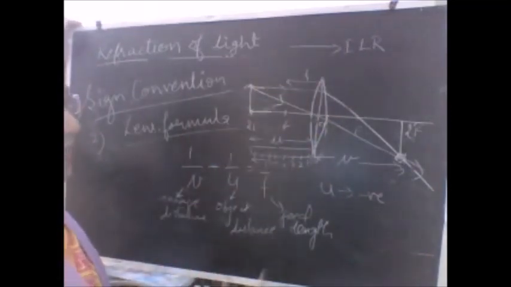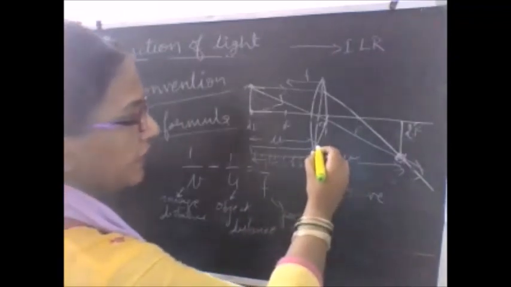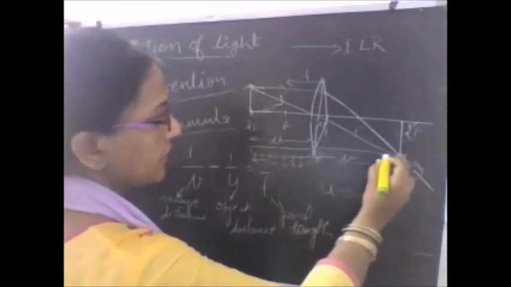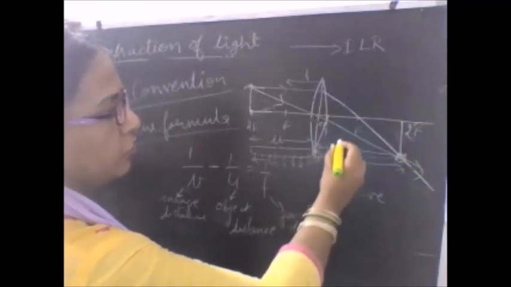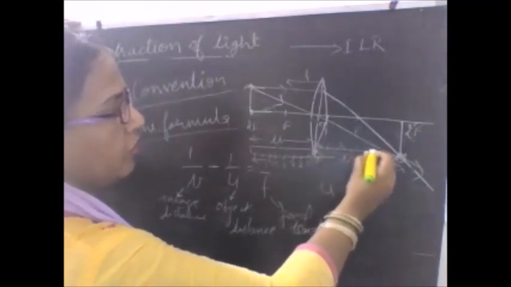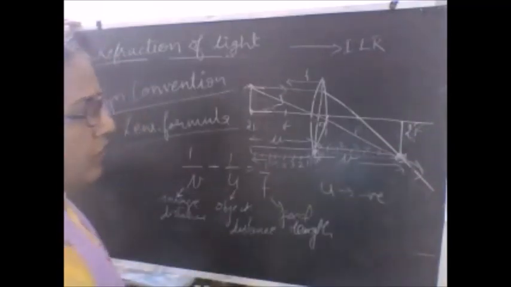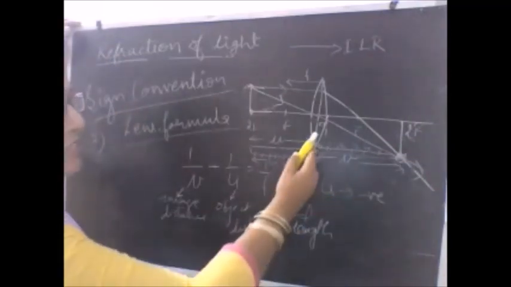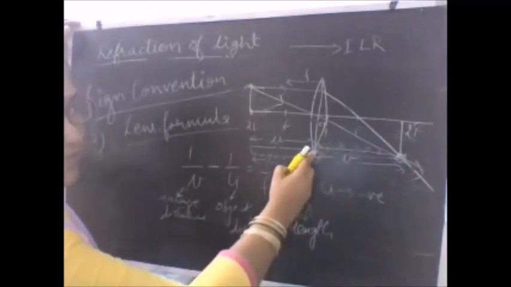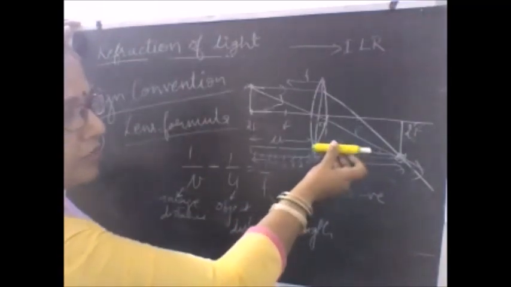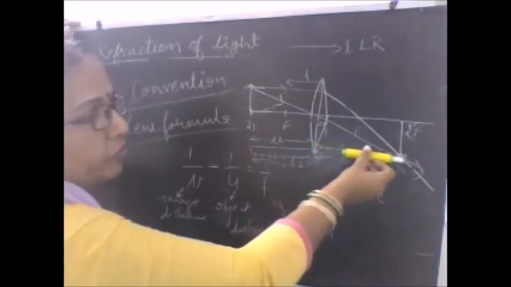Let us apply the sign convention for v. We'll put a scale here, and this is the 0 line, then 1, 2, 3, 4, 5 and so on. That means I am measuring from this point towards the right, from left to right.